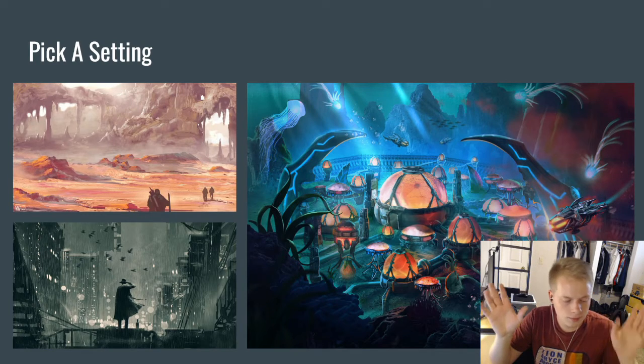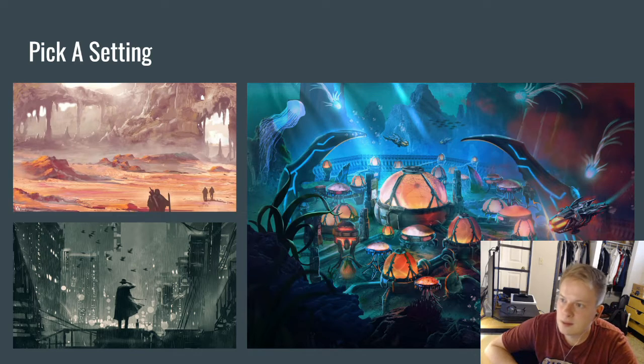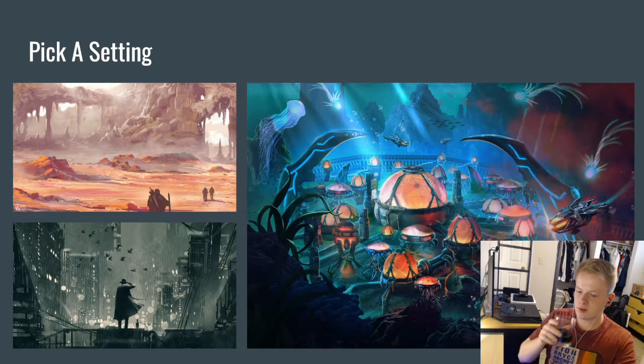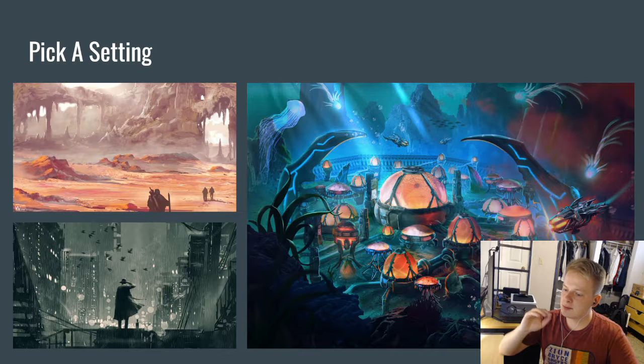There's 100 different things that this could be, and only 100. There's 1,000 different ways. There's 1,000 different settings to pick from. And the biggest thing about your setting is not even geographically where it takes place, it's the tone of the world.